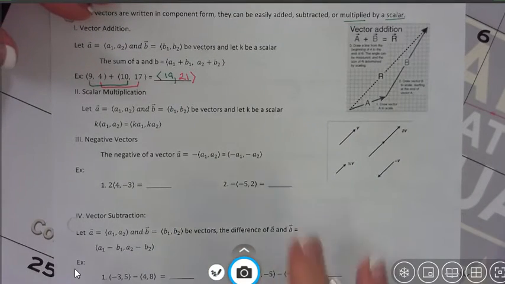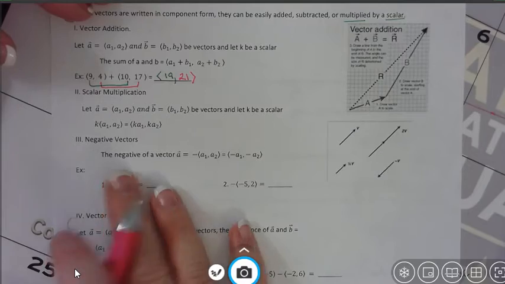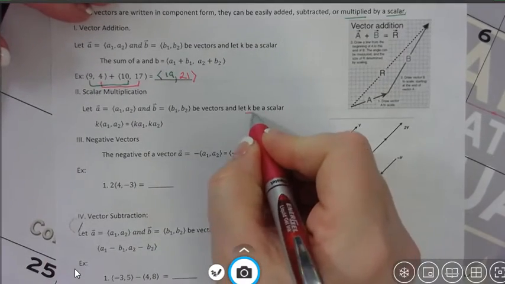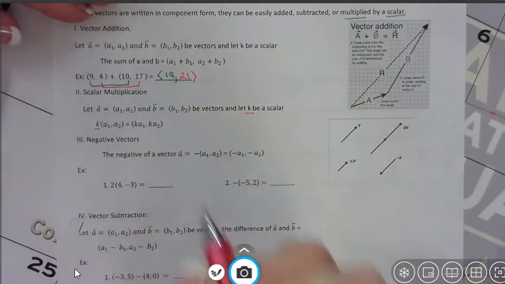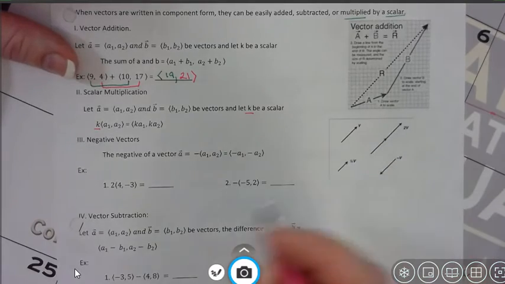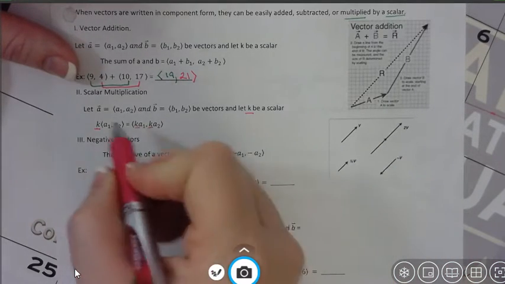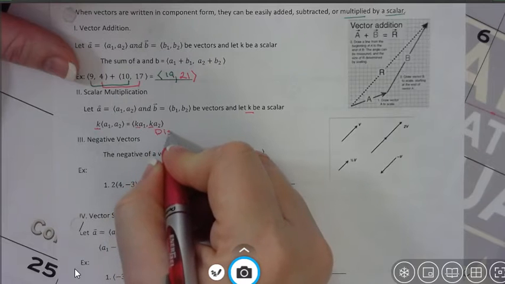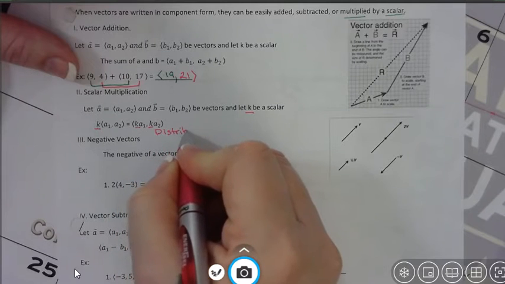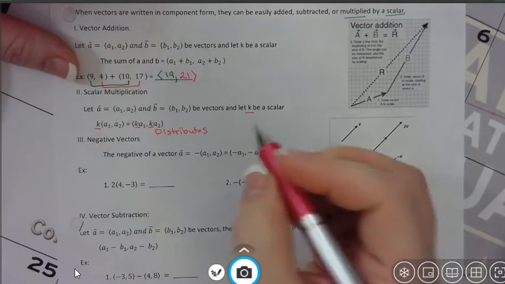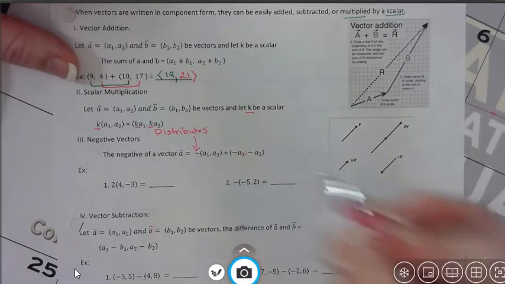All right, so when we go to multiply, notice we have k as a scalar. We don't call it a coefficient, but it's very similar. Here's your k, and it distributes all the way through. And guess what else can distribute?